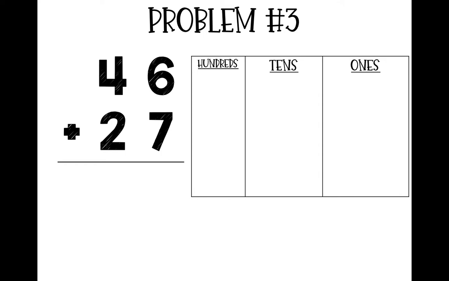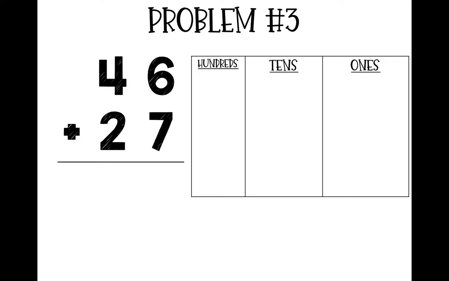Go ahead and write down 46 plus 27, nice and neat. Make sure your numbers are all lined up so that your ones are stacked on top of your ones and your tens are stacked on top of your tens. Let's go ahead and start by drawing our numbers together.